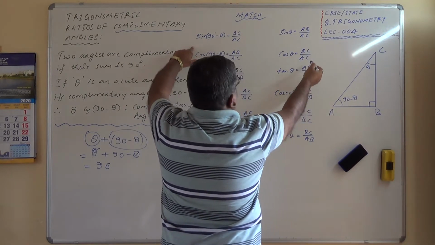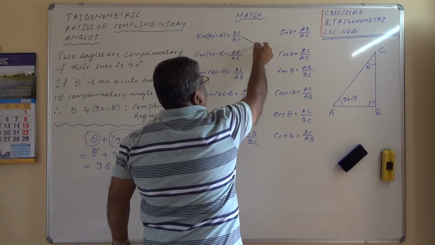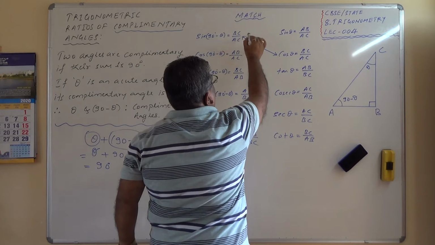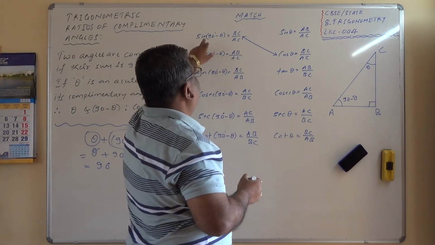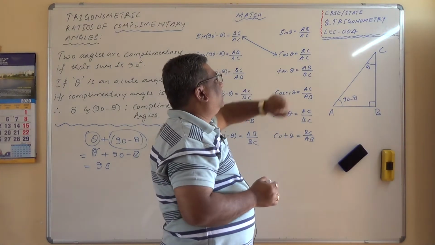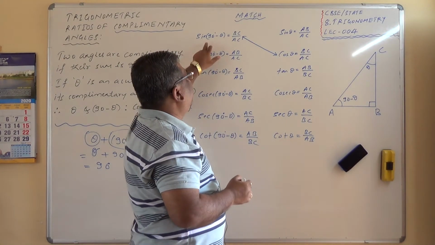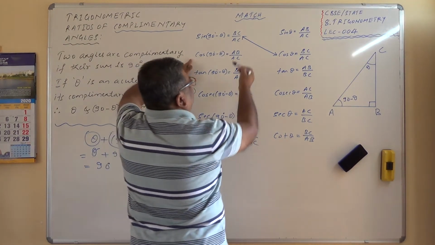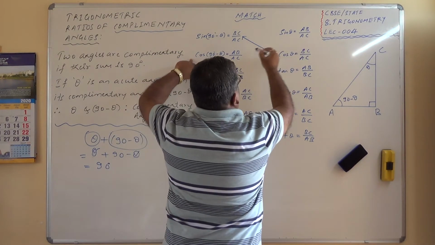Yes, it is there. So here I can see BC by AC, meaning sine of 90 minus theta equals cos theta, or cos theta also can be written as sine of 90 minus theta. Now cos 90 minus theta, AB by AC, can you check here?